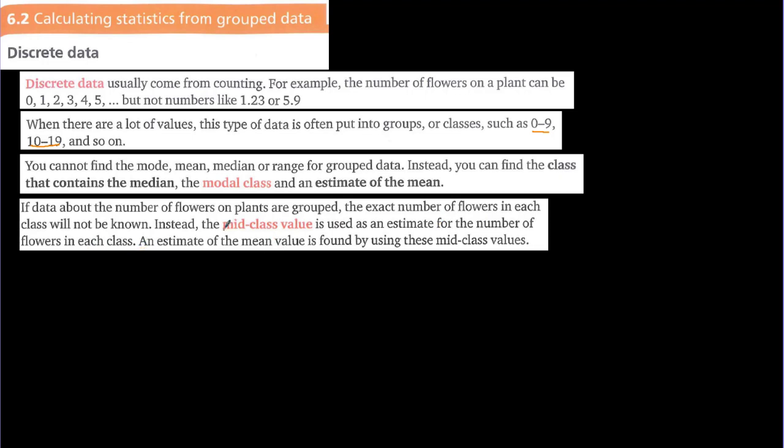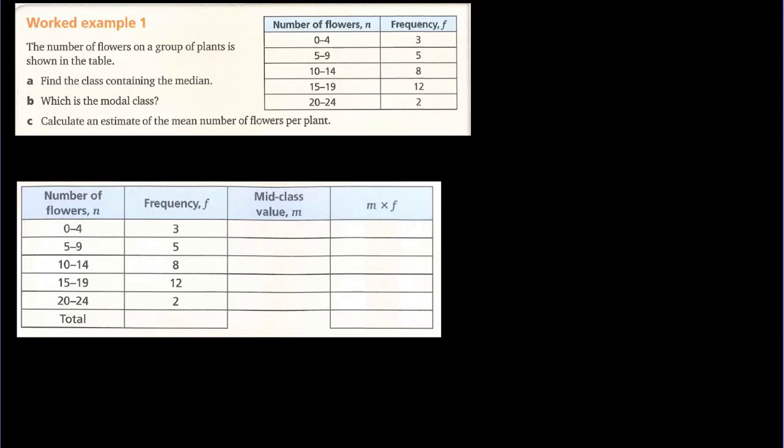So we are going to use one mid-class value instead of giving 4 flowers or 3 flowers. We are going to choose the mid-class value, and with respect to those average class values we are going to find the mean, median, and mode. Okay, now here is the example.